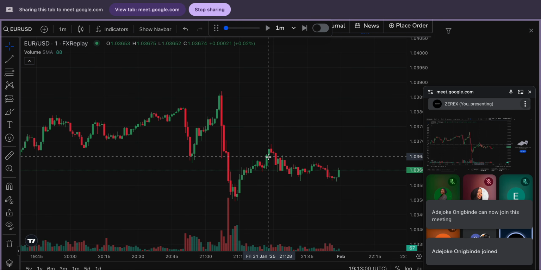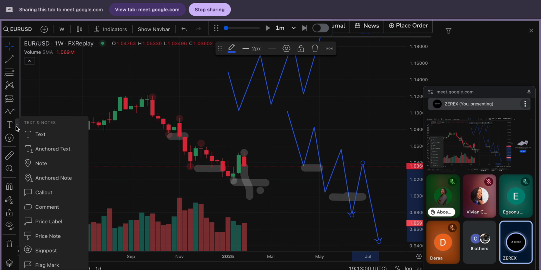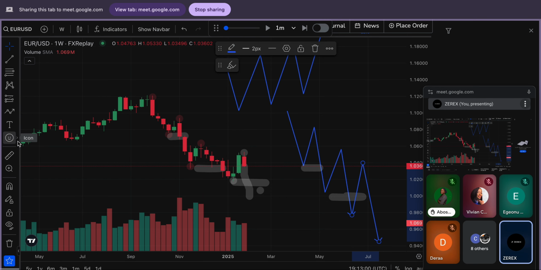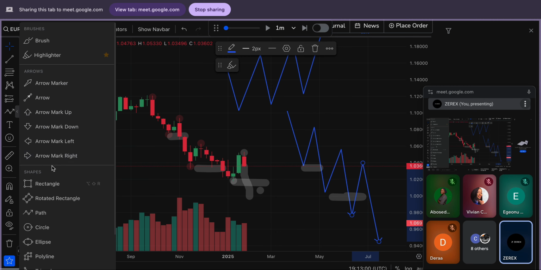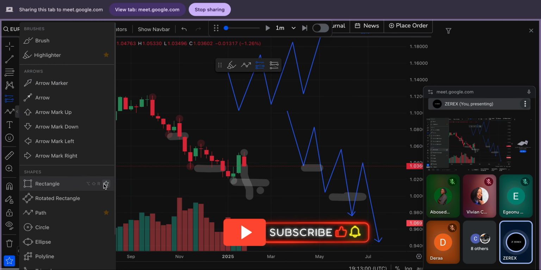So if I want to take this trade, I will expect the market to come back to this point here, then come down like this. Once the market comes down like this, I have to bring out the tools, take the Fib, the long and short position, and the rectangle.